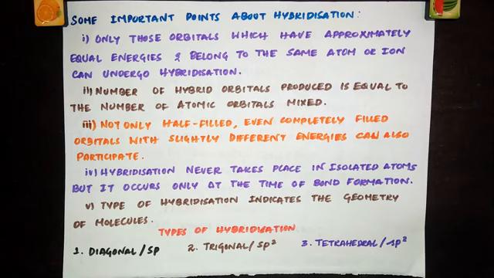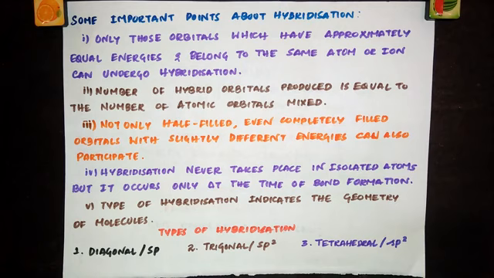So that energy is released when 2 atoms approach to form a bond. So hybridization can also take place only at the time of bond formation. And the last point, the type of hybridization indicates the geometry of the molecules, which means the shape of the molecules. We have different types of hybridization which we will be seeing now. So the type of hybridization indicates the geometry of molecules.